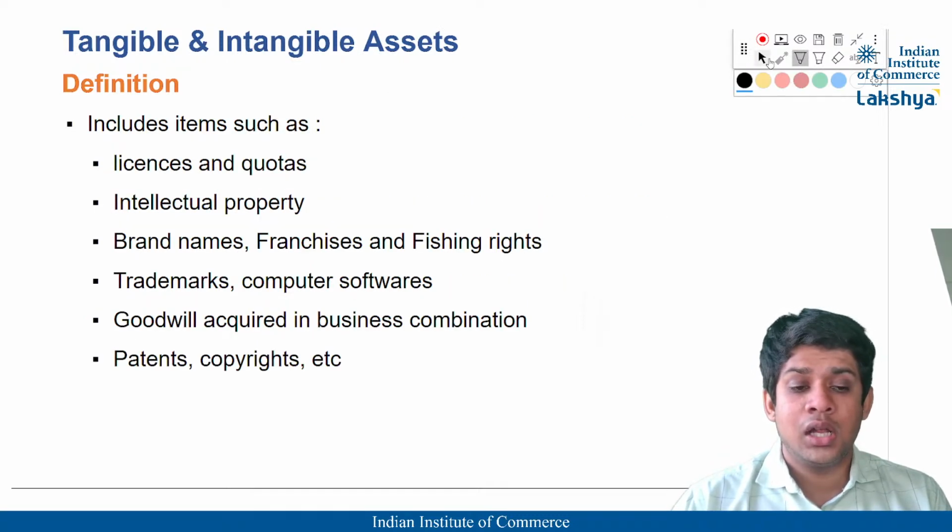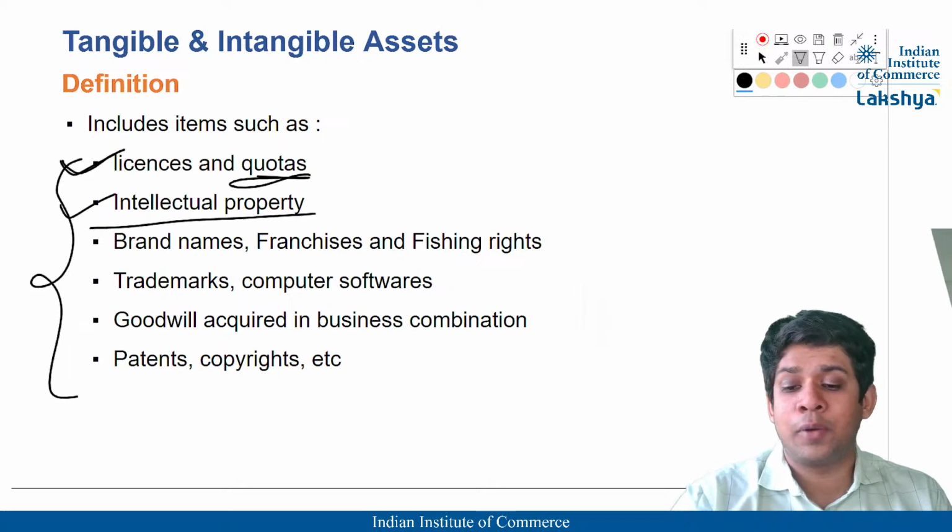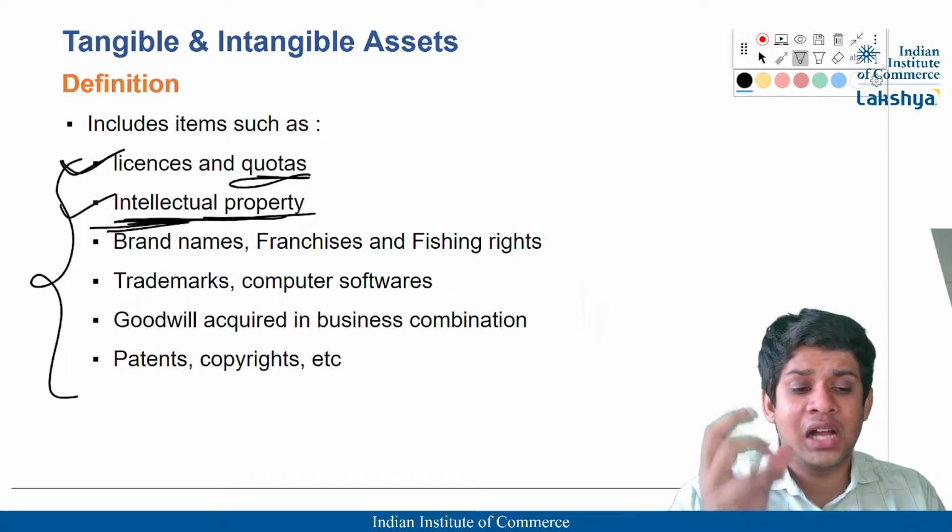So these were certain examples of intangible assets that I already told you, like any licenses or any quotas that the company has, any intellectual properties, like any patents. Those are intellectual properties that are specific to the company. Maybe the company has made a very specific asset.